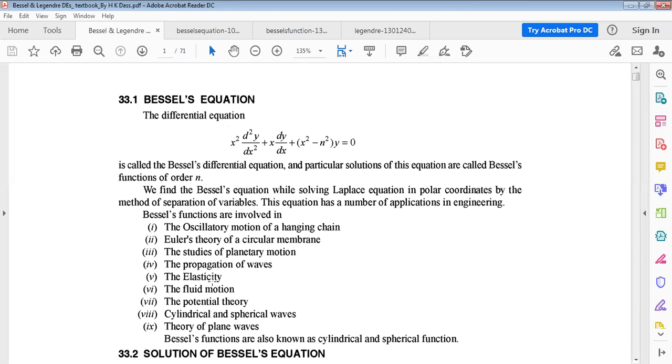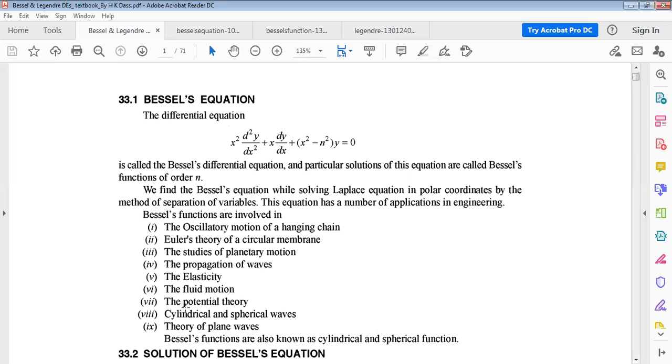The elasticity in physics, the fluid motion, the motion of liquid, the motion of oil, just transferring oil from one country to another country. They indicate a motion for fluid. So to analyze this fluid motion we are using Bessel functions.